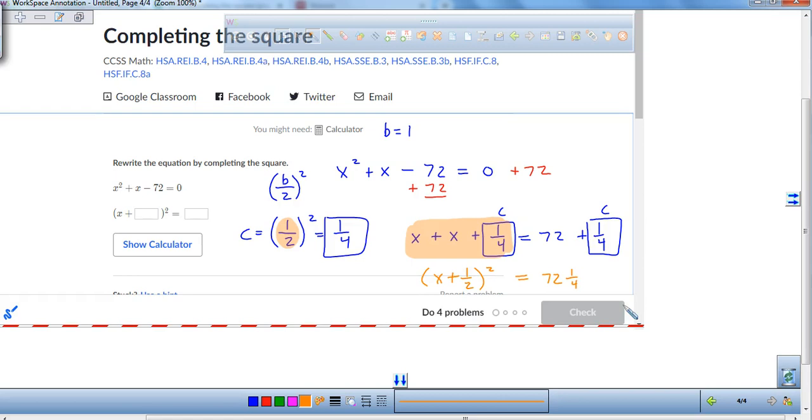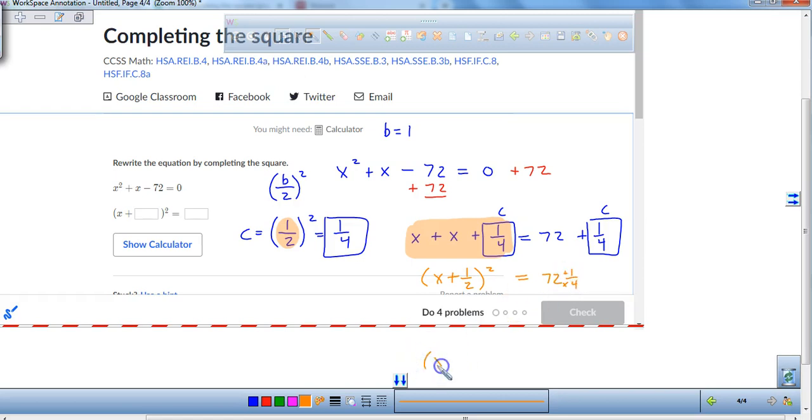Well, we're actually going to change that to an improper fraction. So we're going to take 72, multiply it by 4, and then add 1. And that becomes 289 over 4. So remember how to change it from a mixed numeral to an improper fraction. You multiply and then you add.